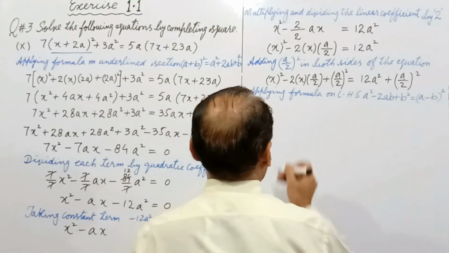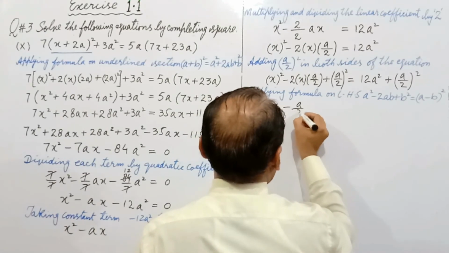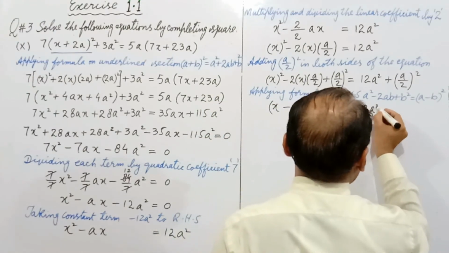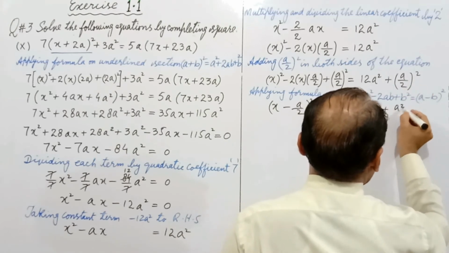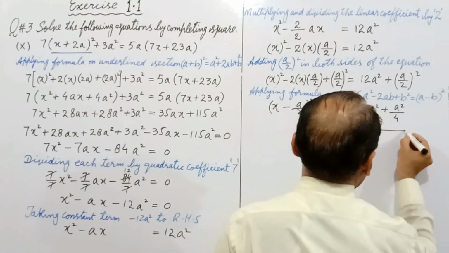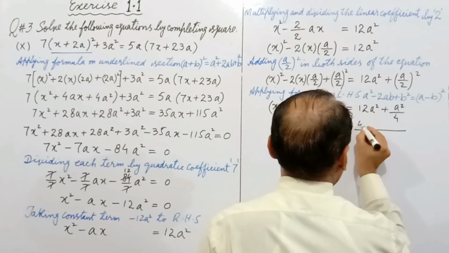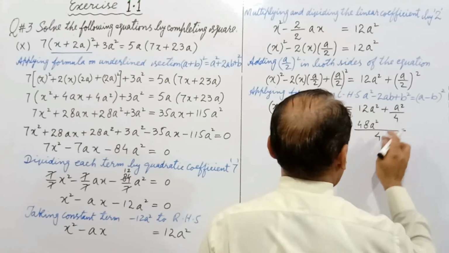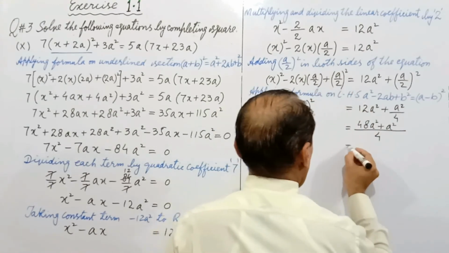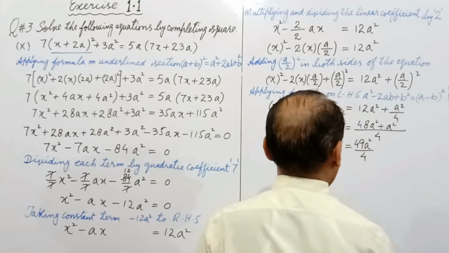We have x minus a over 2 whole square in the left hand side, and on the right hand side we have 12a square plus a square over the square of 2, which is 4. In the right hand side we take LCM. LCM is 4, 1 4s are 4 and 4 12s are 48a square, 4 1s are 4 and 1 1s are 1a square. We have 49a square divided by 4 in the right hand side.